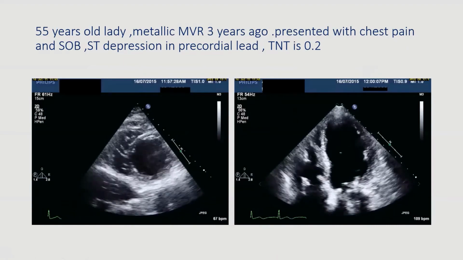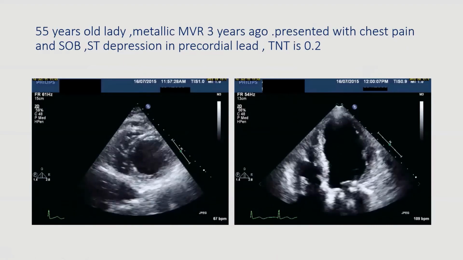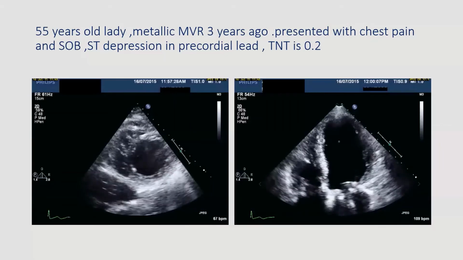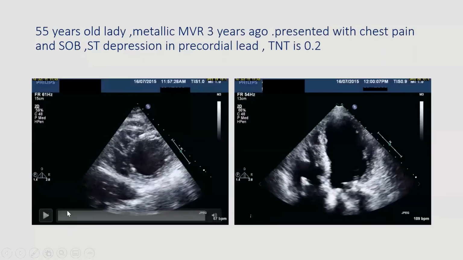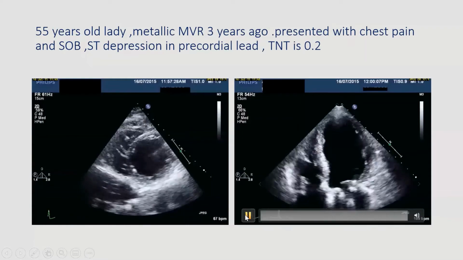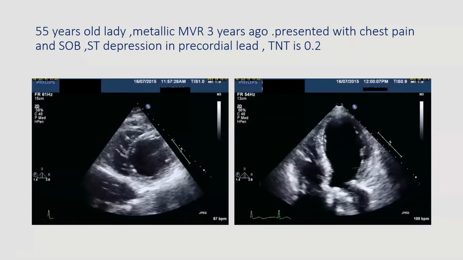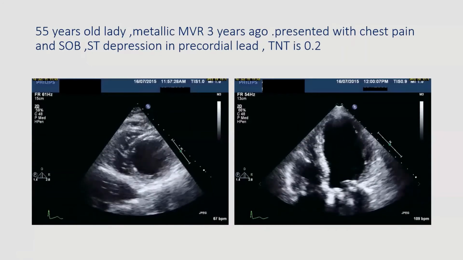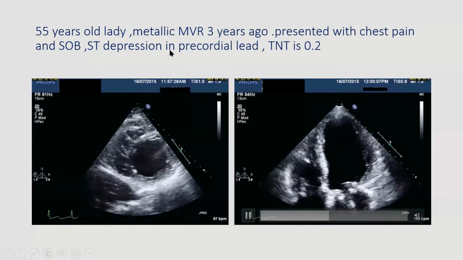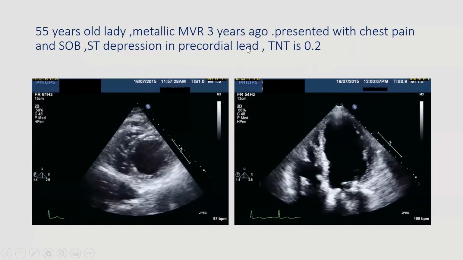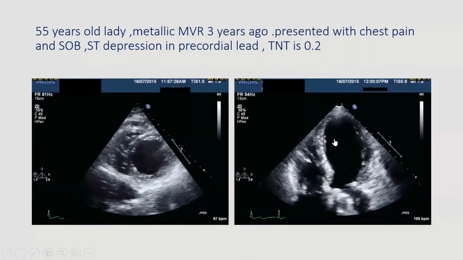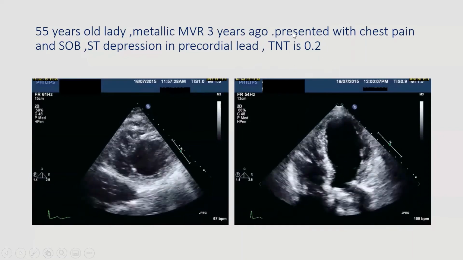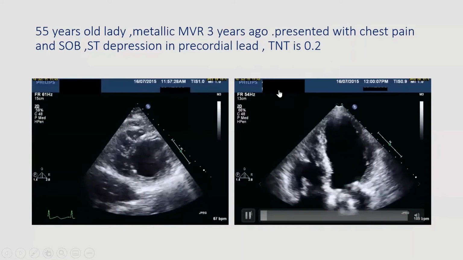Wait and see, take to cath lab, think of further workup. Okay. What's your thought about this one? When we talk about regionality, that means ischemia. And the patient presented with chest pain, ST depression, elevated troponin. So I think we should deal with this patient as acute coronary syndrome, ischemic, okay? And should be taken to cath lab, right? You agree with that?